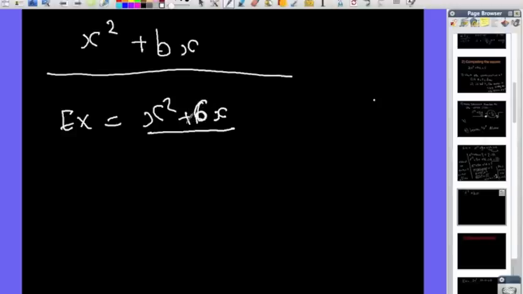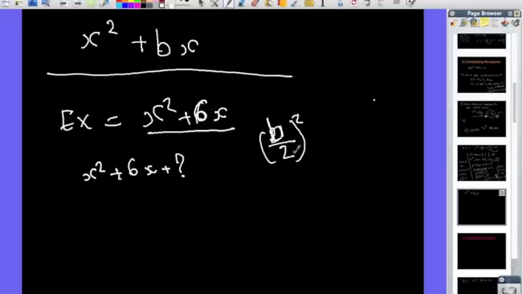So what we do is that we know that we want c, right? So it's x squared plus bx plus question mark. We don't have c. So what I do is I use the b by 2 squared formula. So it would be 6 by 2 equals 3, and when you square it you would get 9.